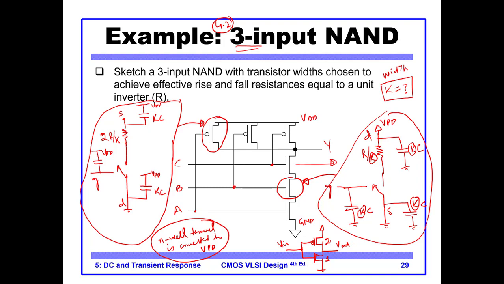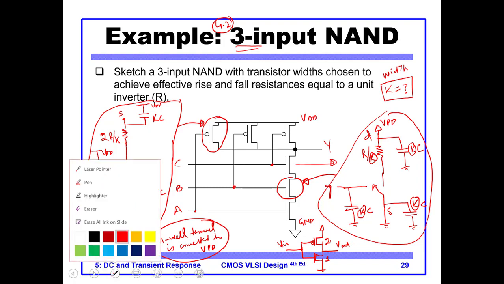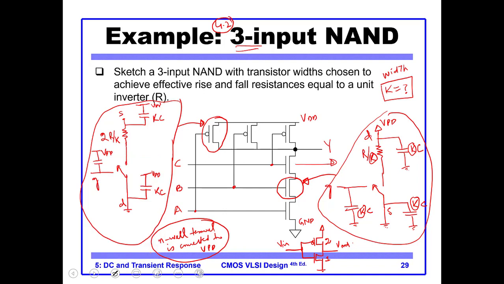So what you have to understand is that for all the 3 NMOS that are in series, the resistance of all the 3 should be equal to the resistance of a unit NMOS.